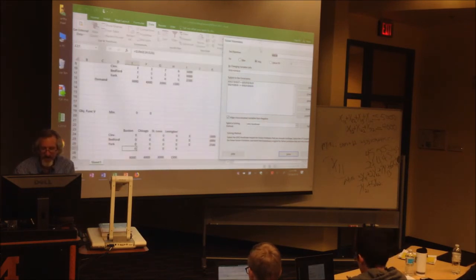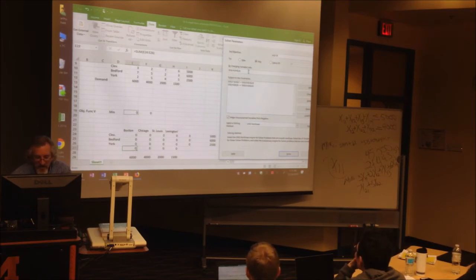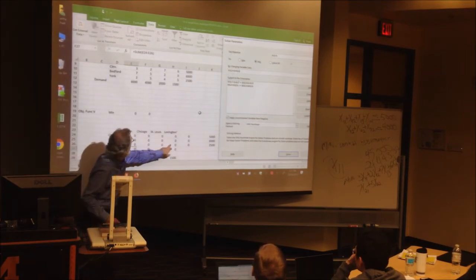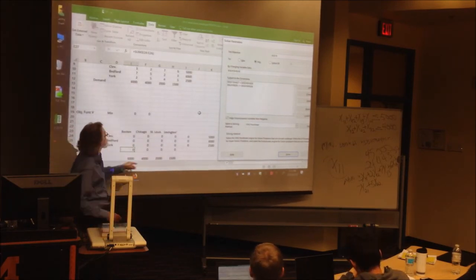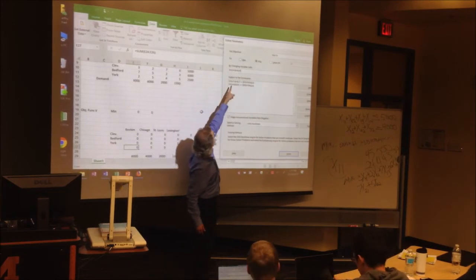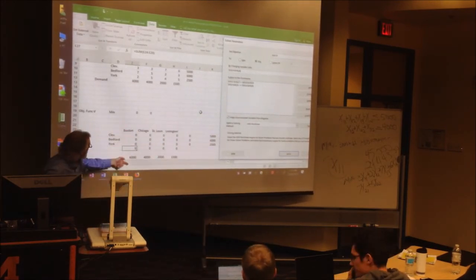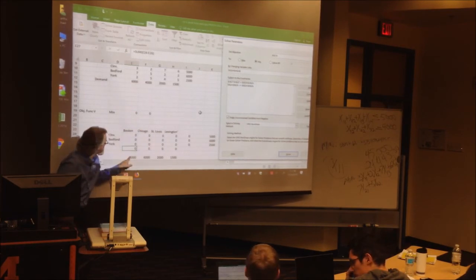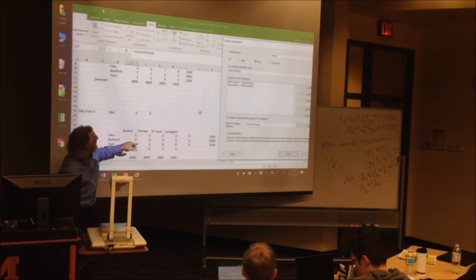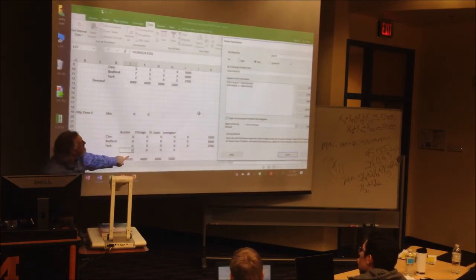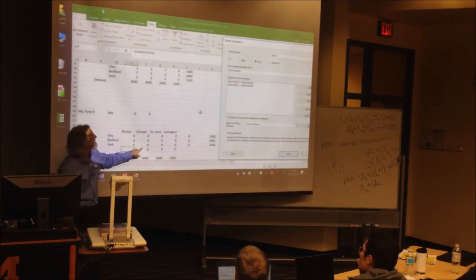You ready? The objective function, either one of these two squares, is set up for E19 right there. The optimal solution is going to be from E24 all the way to H26. Your constraints: every one of these is a constraint equal to that. So you have E27 equals E29.